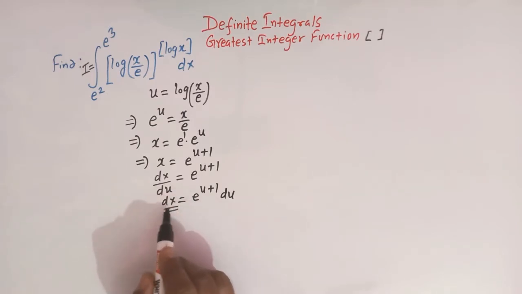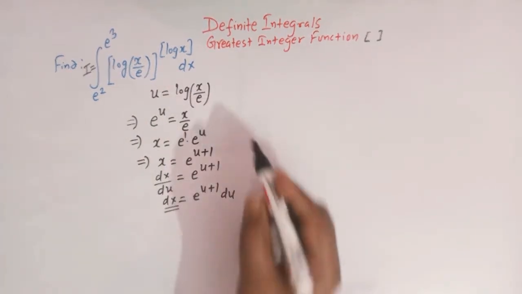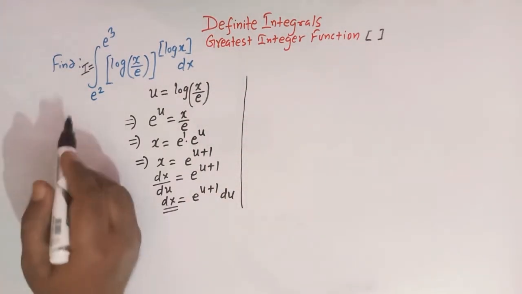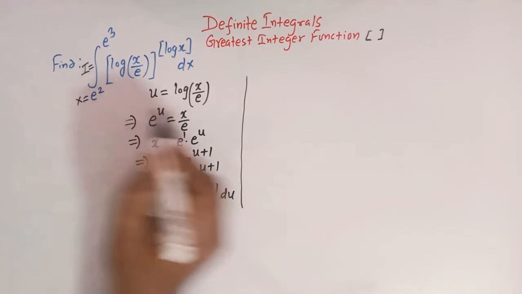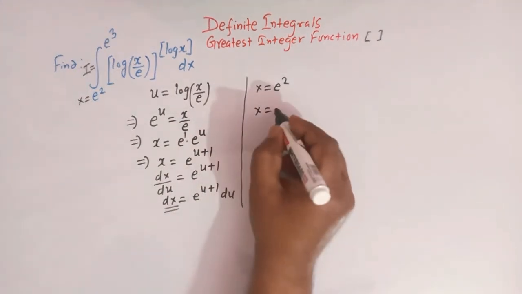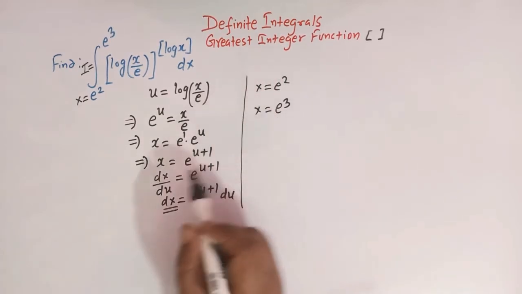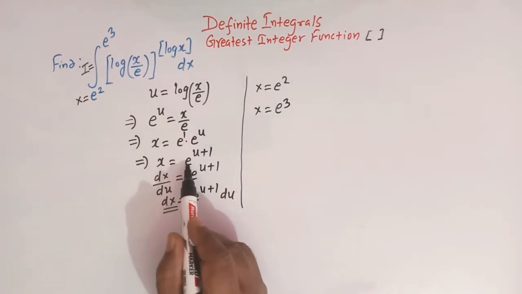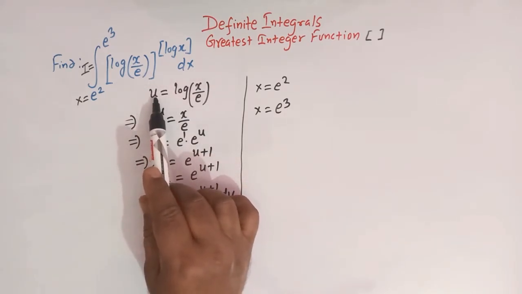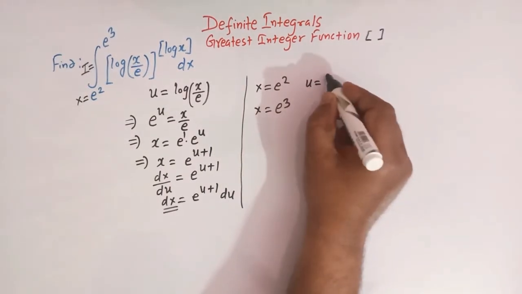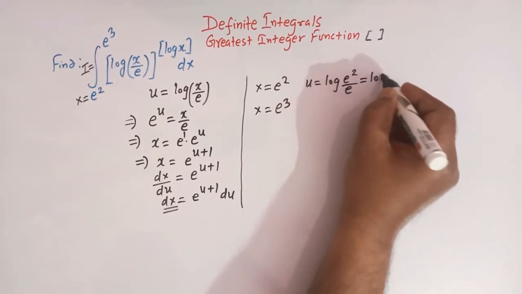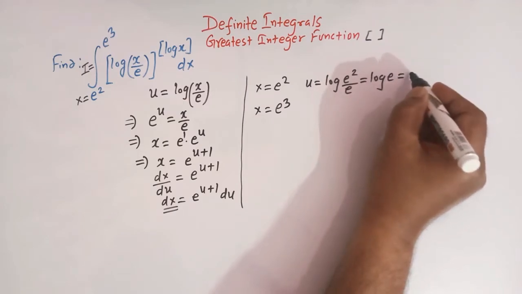Now let us change the limits accordingly. Here x varies from e square to e cube. When x is e square, u is log of e square over e, which is log of e, equal to 1.